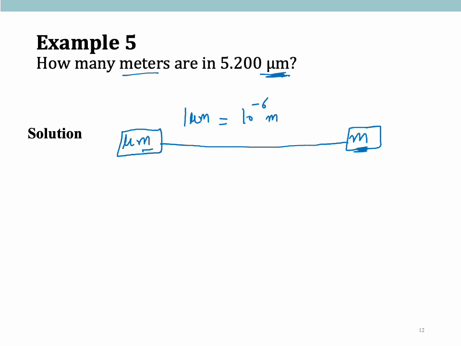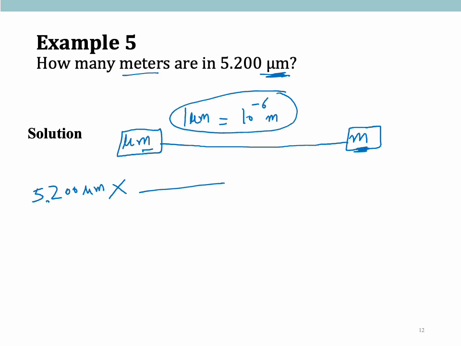This is the desired unit that I want to figure out, and this is the relationship that relates these two units directly. So now we will use dimensional analysis: you start with your starting unit. So I will write 5.200 micrometers, multiplied with a fraction. This fraction comes from the conversion factor that we wrote right here.